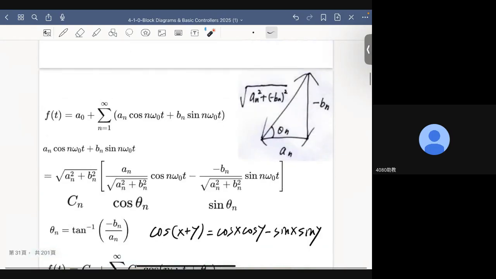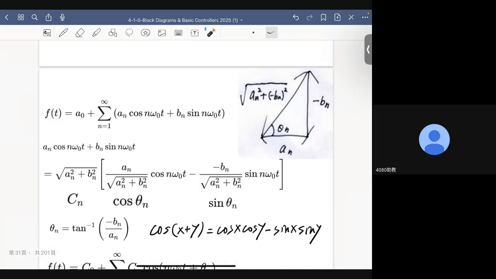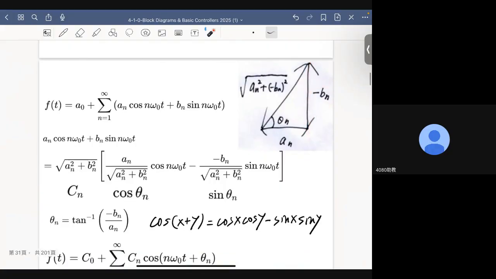So what we need to do is first refer to this right triangle. Since it is a right triangle, the angle here is 90 degrees. And AN and minus BN, note that I put minus BN here on purpose.